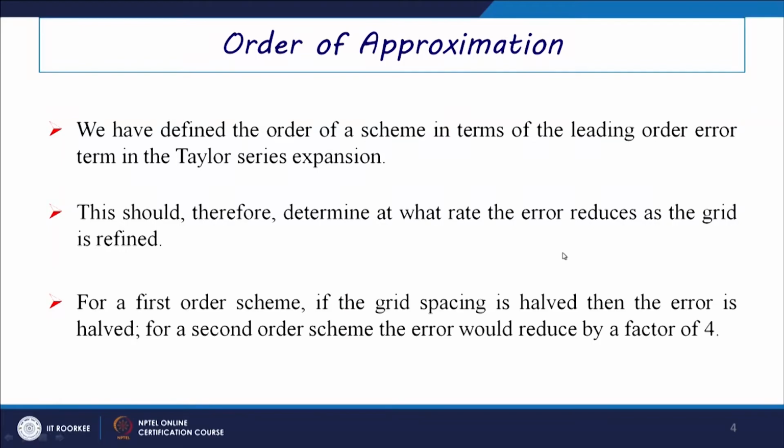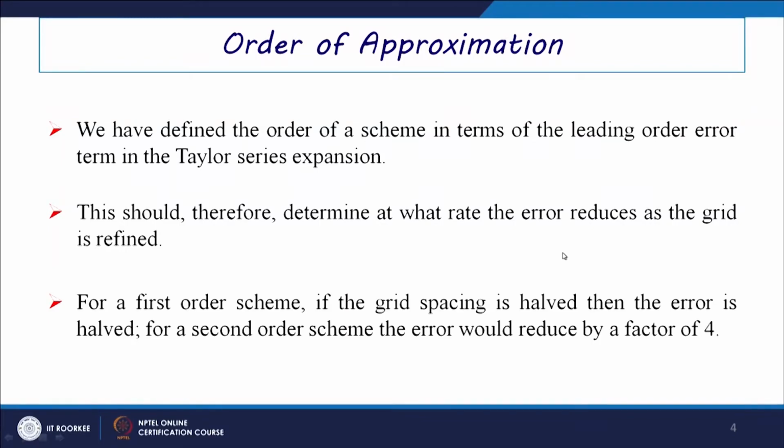This means that whenever we do grid refinement, we have to consider how small a length scale we can go to for a particular grid size, so that the errors will not reduce after a certain stage. Suppose for a first order scheme, if the grid spacing is halved, then the error is halved.